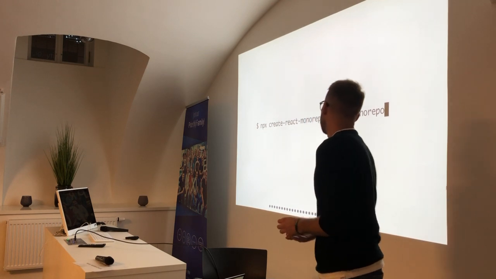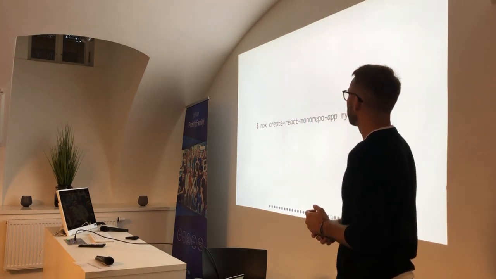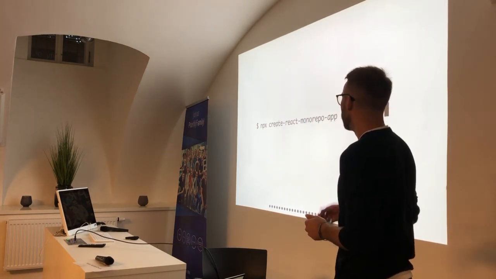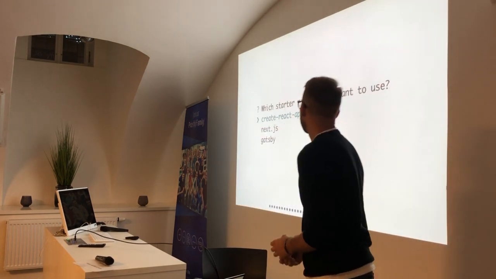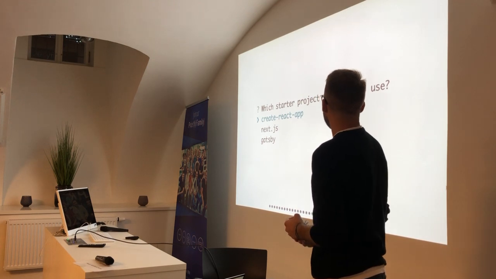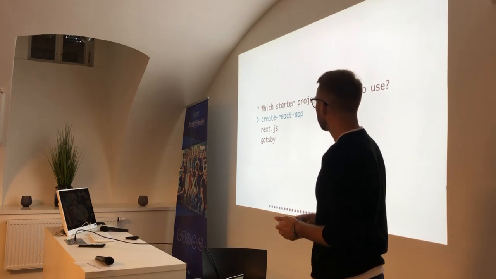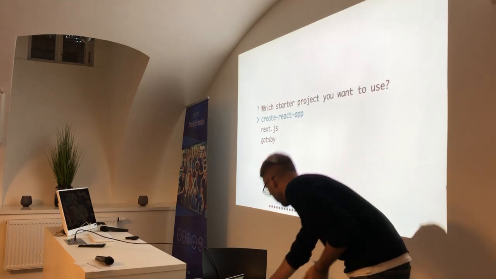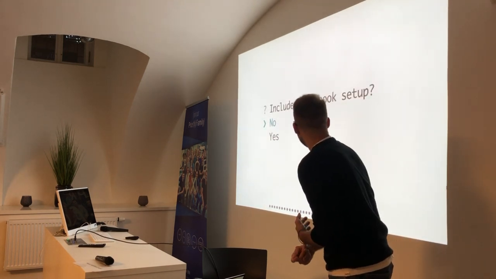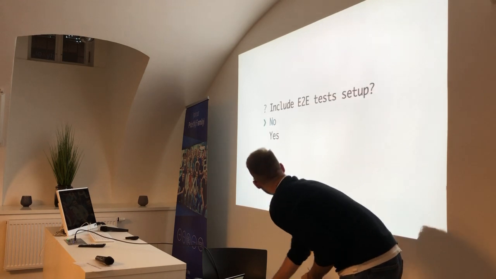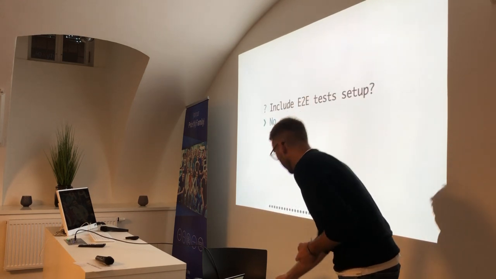Okay, so this is all you need to do to have your monorepo running. You just run this command, and it will guide you through some questions. So, which starter project you want to use. You can choose from those three options. It'll ask you if you want to include a Storybook, and if you want to include end-to-end tests.